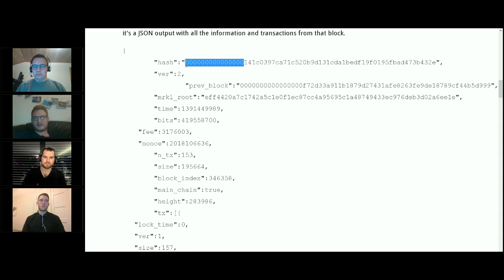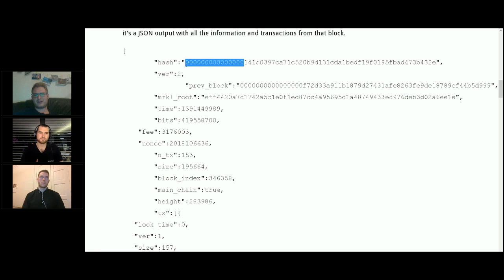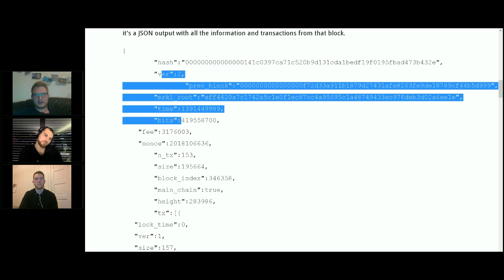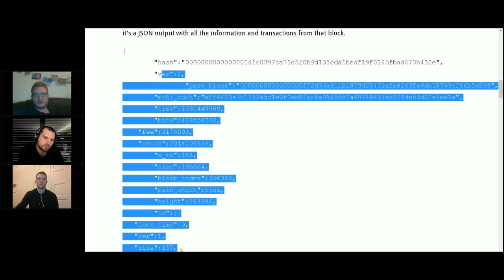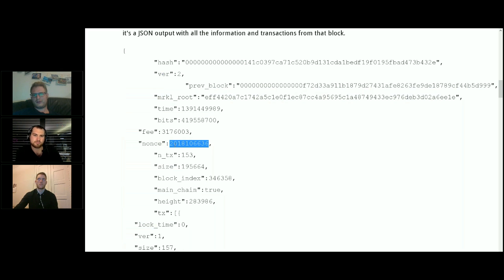The mathematical riddle is actually to calculate hash values. And you do this by taking the block that you want to publish, and you have all these values, and what you do is calculate the nonce.